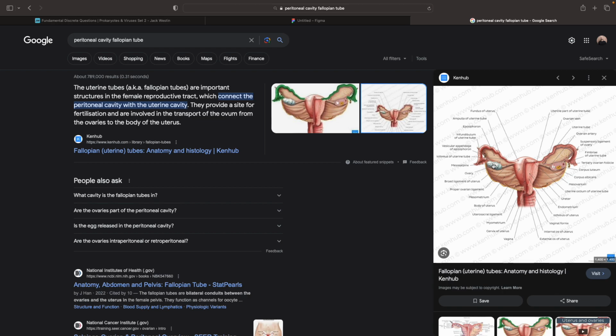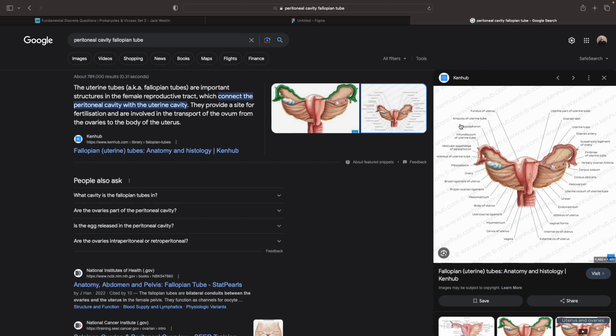We have the mesosalpinx. We have the isthmus of uterine tube. We have the vesicular appendage of epophoron. We have the infundibulum of uterine tube. We have the epophoron.